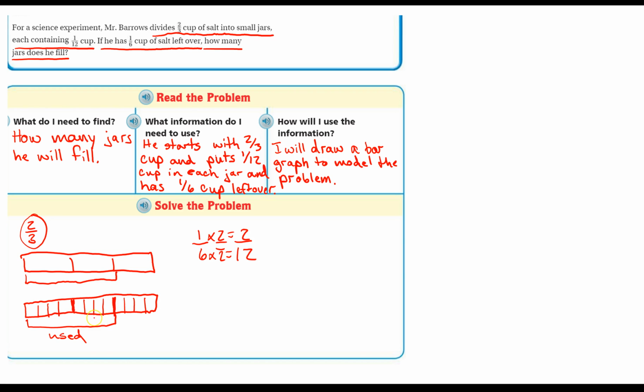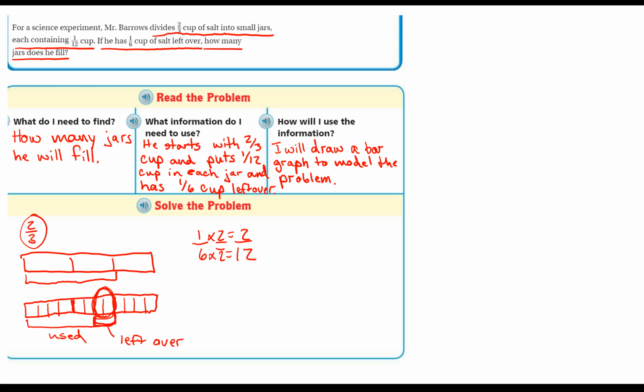So these 2 12ths is the amount that he has left over. This is left over. Because it says in the problem, he has 1/6 cup left over, and 1/6 is equal to 2 of these 12ths. So these 2 12ths is what he has left over.